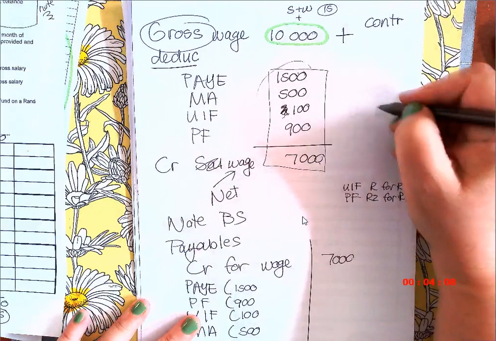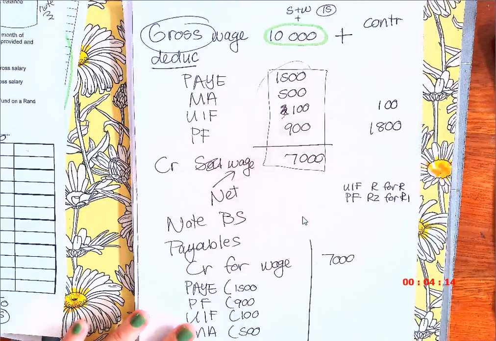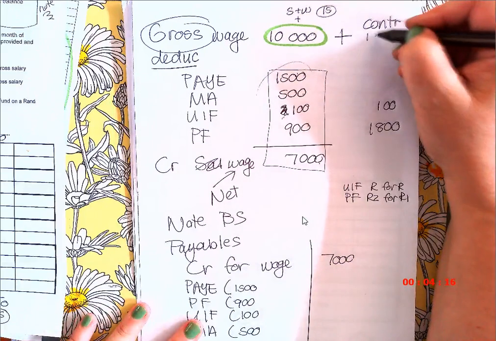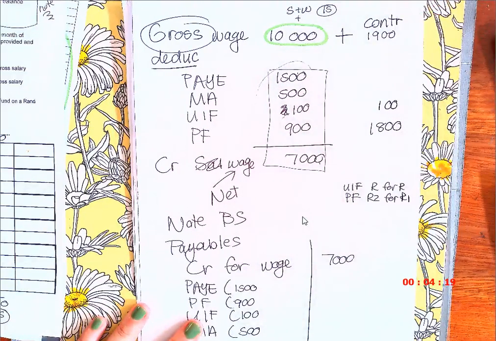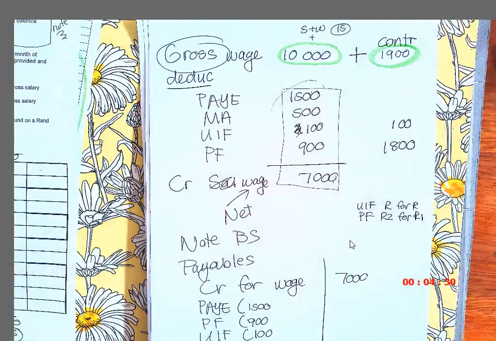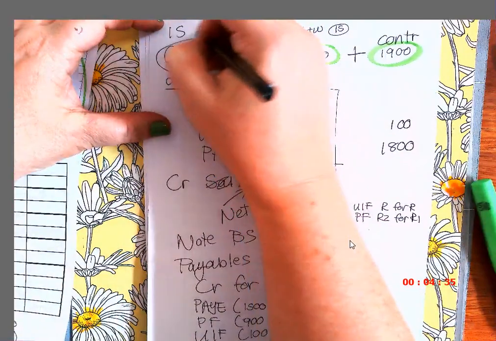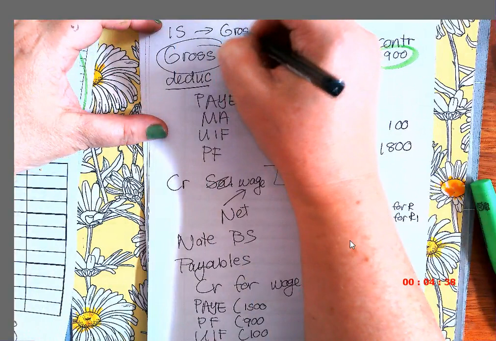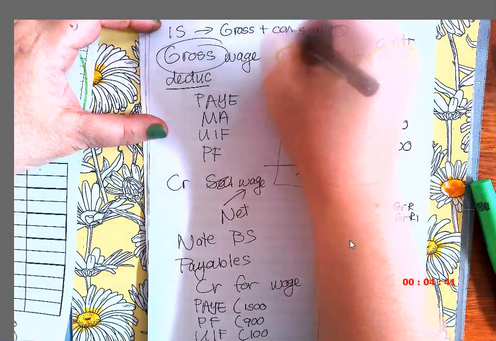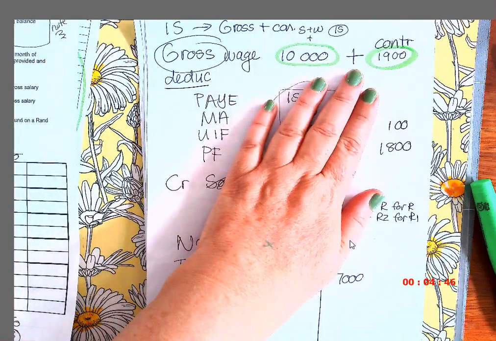So UIF will be 100 and pension would be 1,800. Can you see in total my contributions is 1,900. How much does it cost the business now to employ this guy? 11,900. Can you see now my expense becomes more? So can you see in your income statement, you will show the gross and contribution. Okay? Because this is what it costs the business to have this person employed.